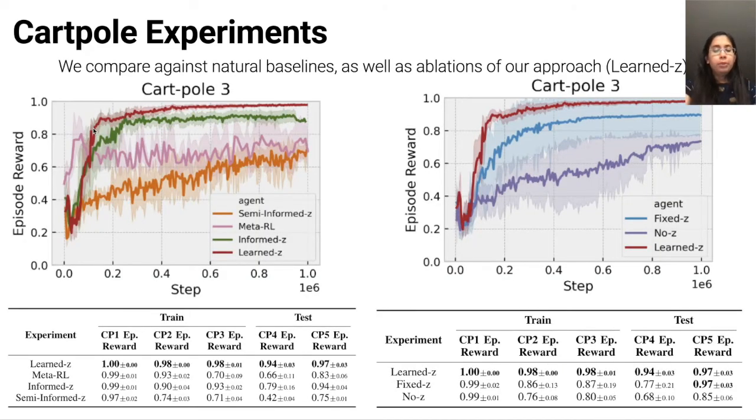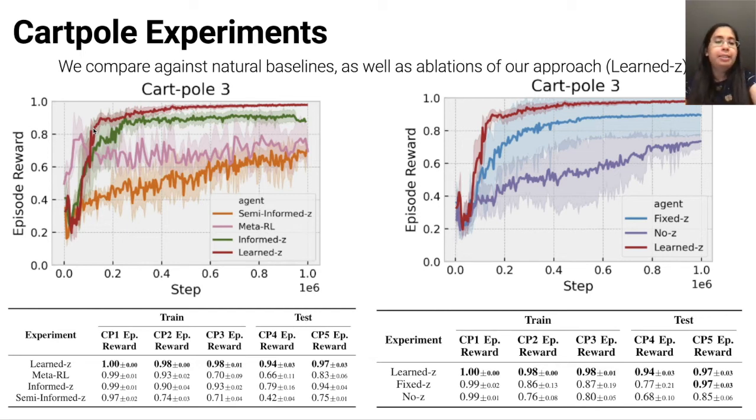What we observe is that for training on CP3, learn Z, which is our approach, performs the best, learns the fastest and achieves best performance against a few baselines from literature, as well as against ablations of our own approach.